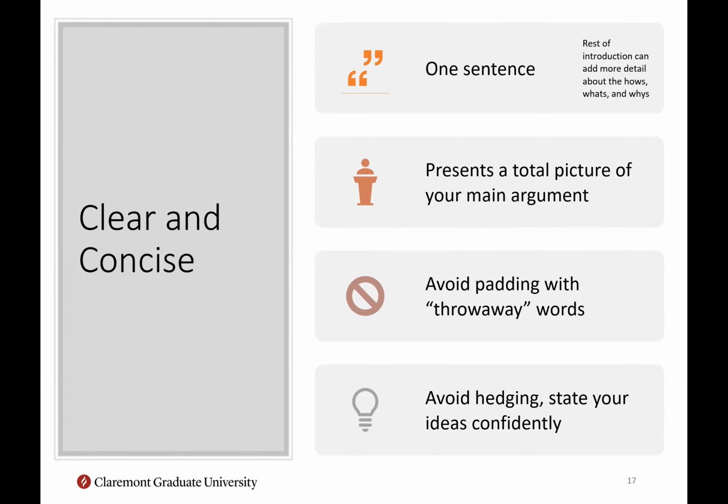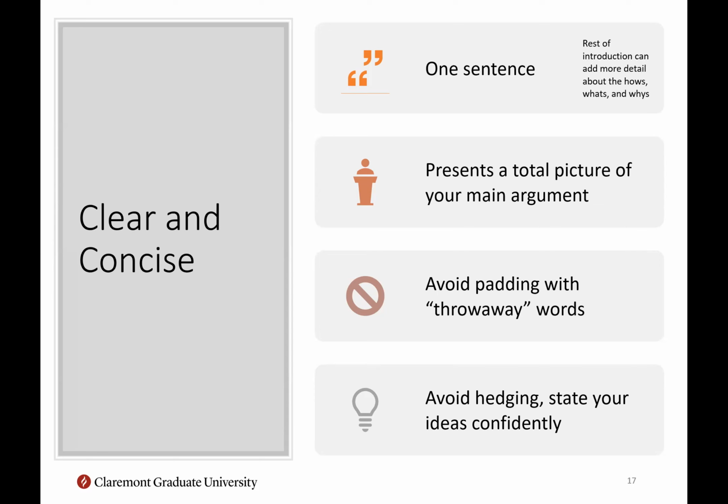If it's going on for half a page, it's probably just too much information. It's not specific enough. The rest of your introduction that comes after can add that detail about the hows, the whats, the whys. You don't have to include all of your information just in the thesis, but the thesis itself should be clear, to the point, and relatively brief.